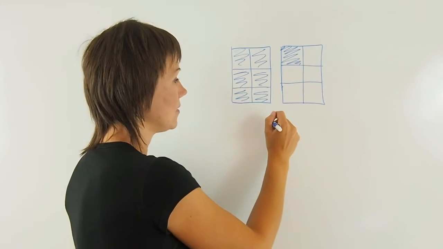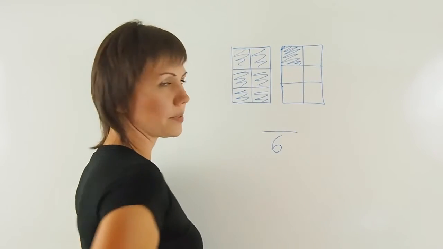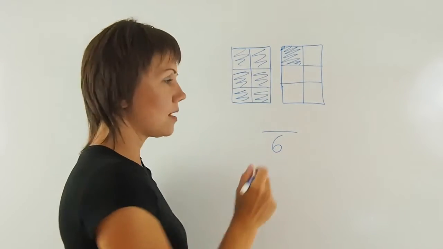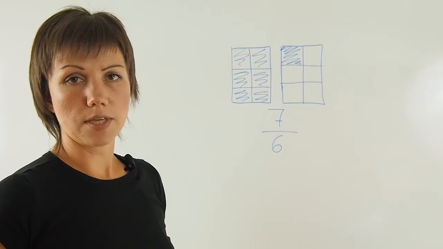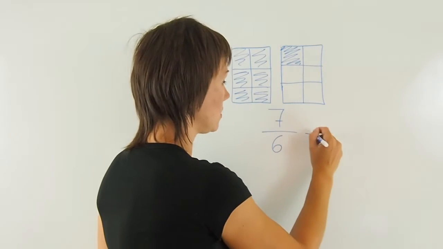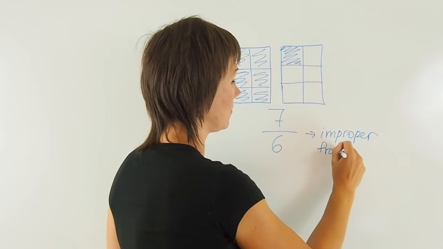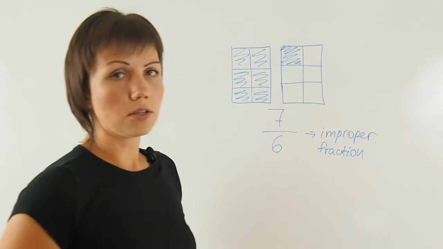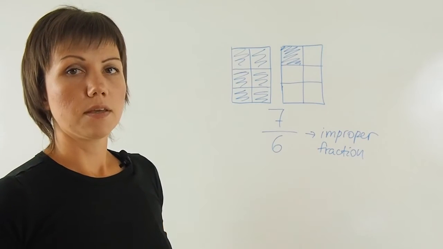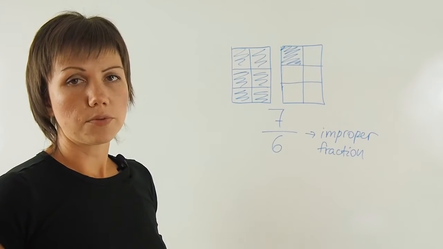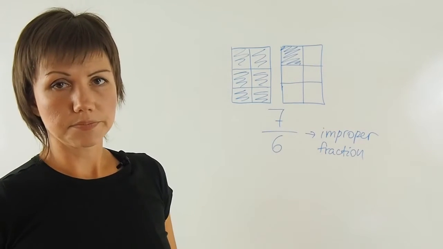So we will represent it as a fraction with a denominator of 6, because 6 represents one whole, and the numerator of 7, because this is how many pieces we've taken. 7 over 6 is an improper fraction, and we call it improper because 7 is greater than 6. So a fraction is called an improper fraction when the numerator has a greater value than the denominator.